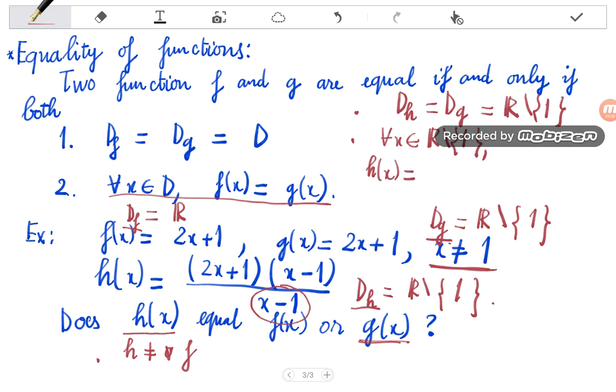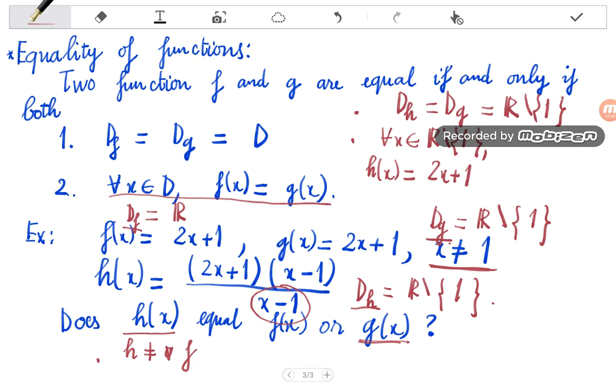The formula of h is the fraction (2x plus 1) times (x minus 1) over (x minus 1). But for x which is not equal to 1, this fraction can be simplified to 2x plus 1.